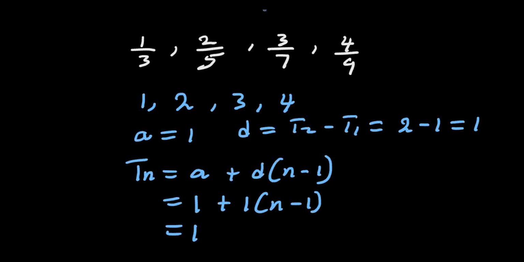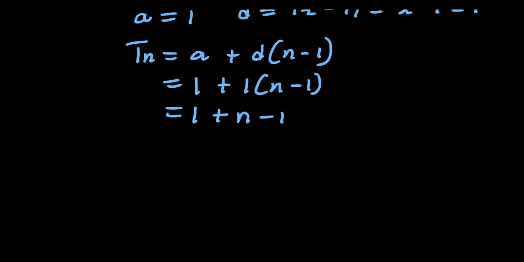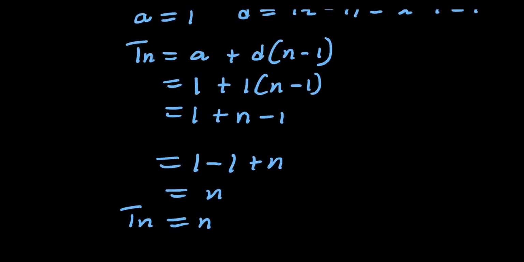So this will be 1 plus 1 times n, which is n, and 1 times -1 is -1. So if we combine like terms, this would be 1 minus 1 plus n. So this will be equal to n. So the nth term of the numerator is n.